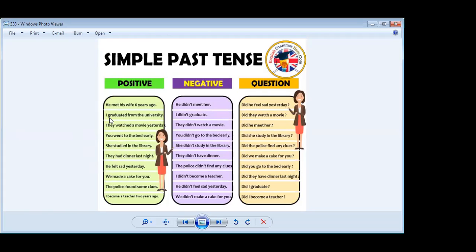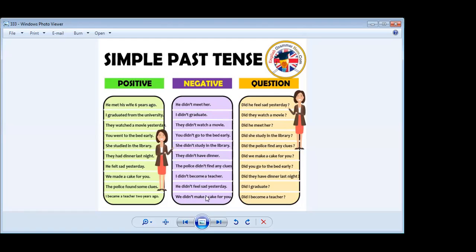Okay, so the negative, we talked about this. Didn't, infinitive, didn't, infinitive, didn't, infinitive. Didn't meet, didn't graduate, didn't watch, didn't go, didn't study, didn't have, didn't find, didn't become, didn't feel, didn't make.